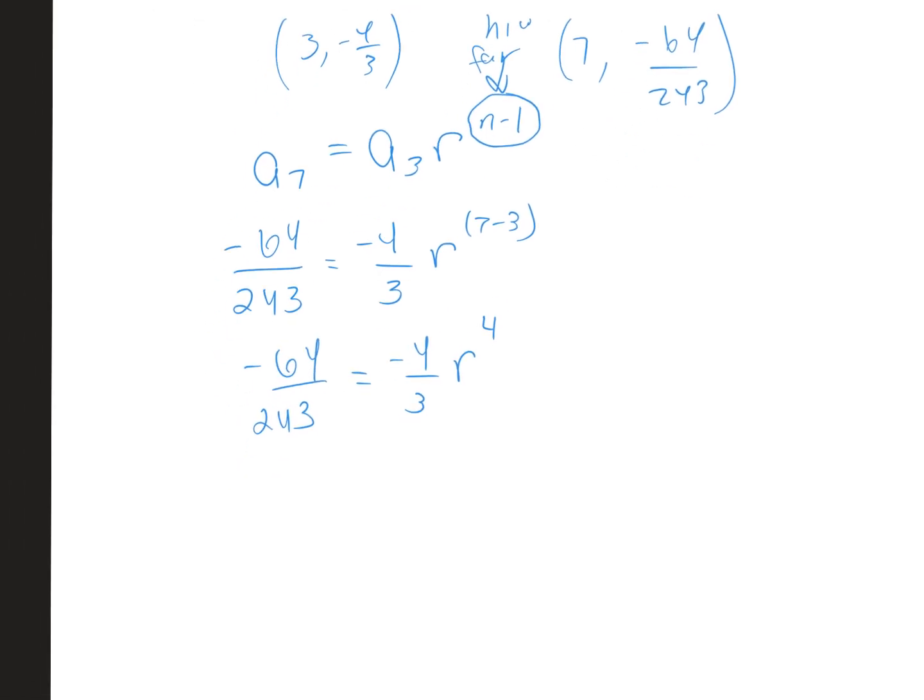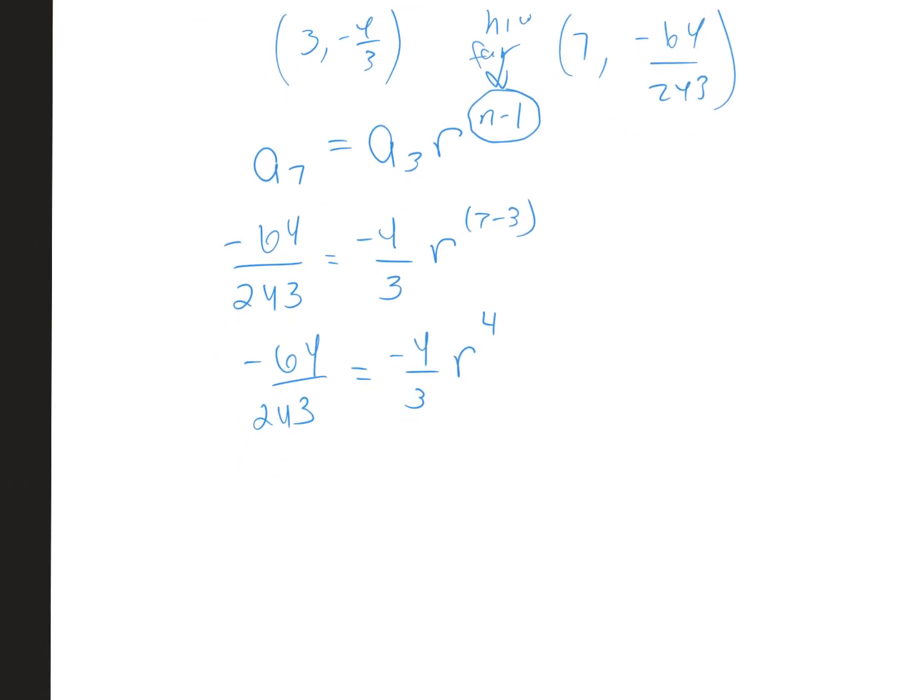So if I'm going to solve for R, guys, how do I get rid of that negative 4/3? We're going to multiply both sides by the reciprocal, right? Everybody with me? Okay, so what happens with 4/3 and negative 3? They cancel. So you have R to the 4th power equals, can I simplify anything here? Well, 2 negatives are going to give me a what?